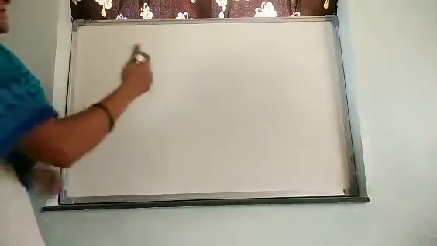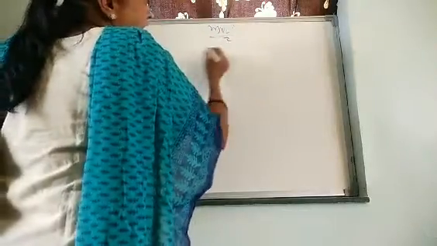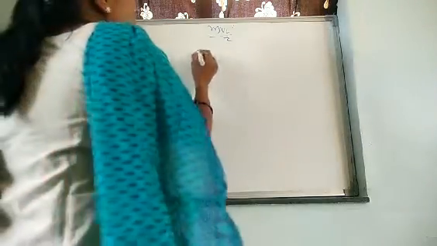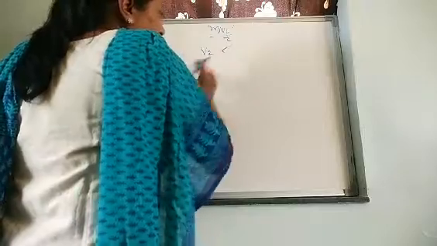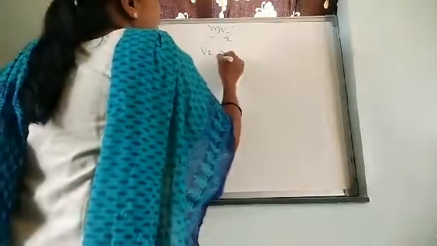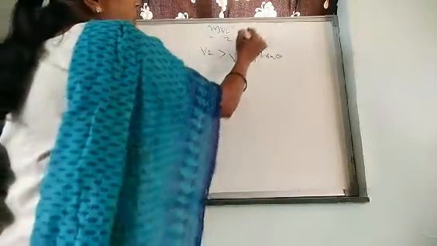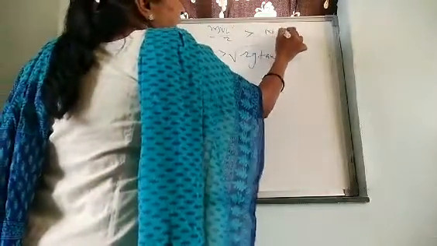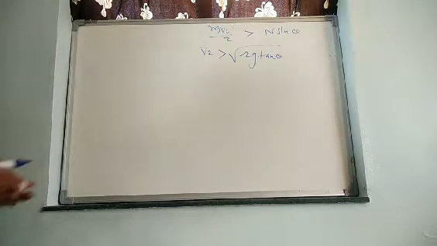For upper speed limit, m v2 square upon r, that will be the centripetal force. That is, v2 is greater than or equal to under root rg tan theta. That means m v2 square upon r is greater than or equal to n sin theta. That means n sin theta is less than the centripetal force m v2 square upon r.